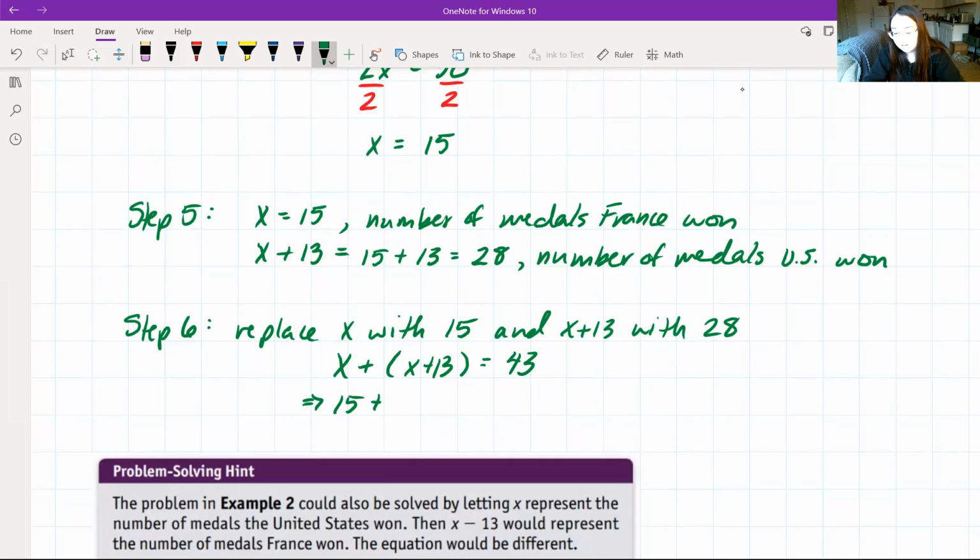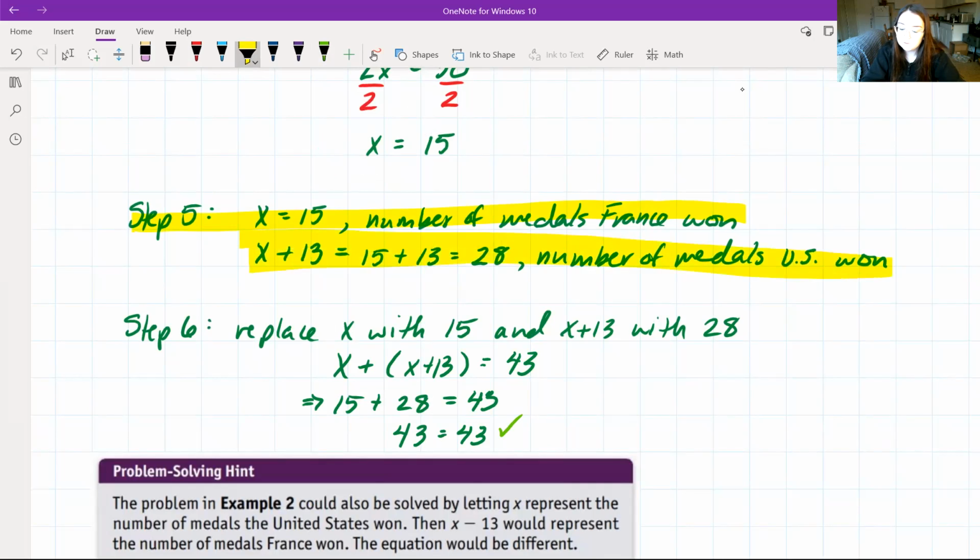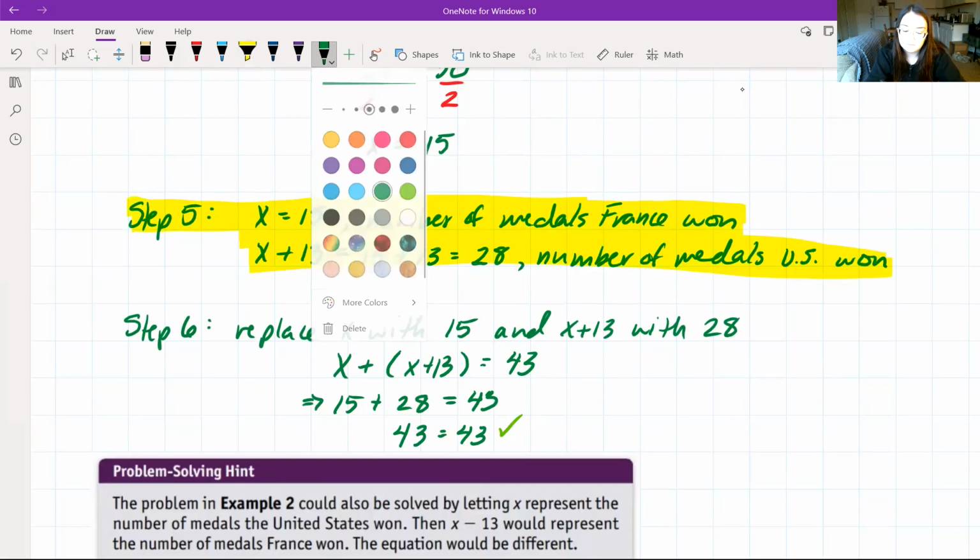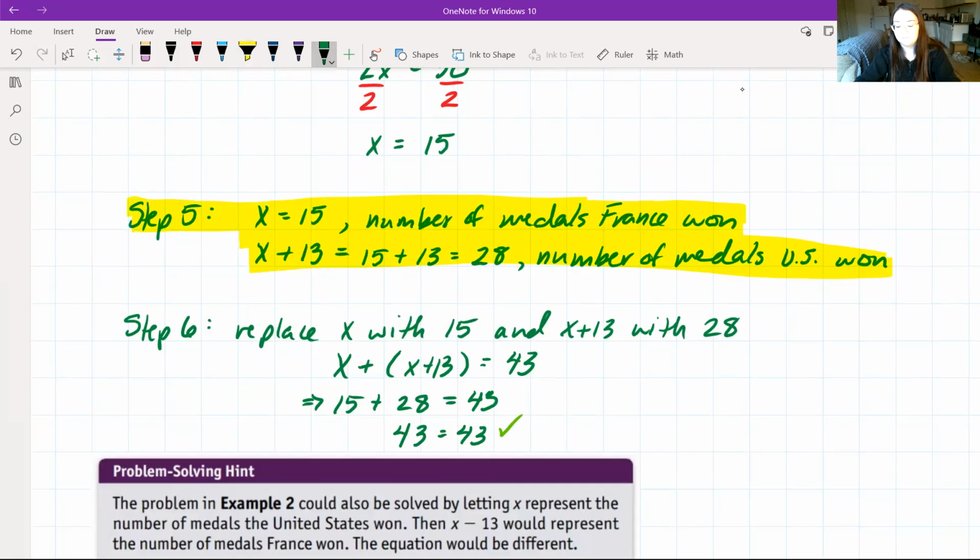X plus 13 is 28. Is equal to 43. And when we add 15 to 28, we do get 43 is equal to 43. So our solution, which was technically in step 5, x equals 15 and x plus 13 was 28. So our final solution here is that France won 15 medals and the US won 28. And that would be our final answer there.